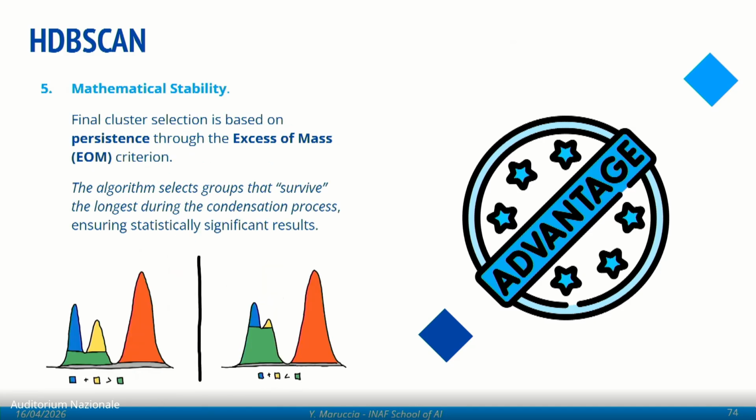And then the stability: thanks to the persistence that we have introduced in this algorithm, we know that if some groups are selected as clusters, it is because they are persistent and because they survive the longest during the condensation process.